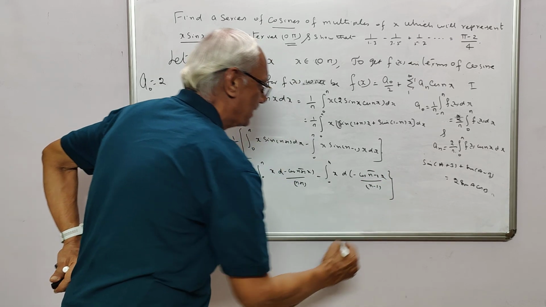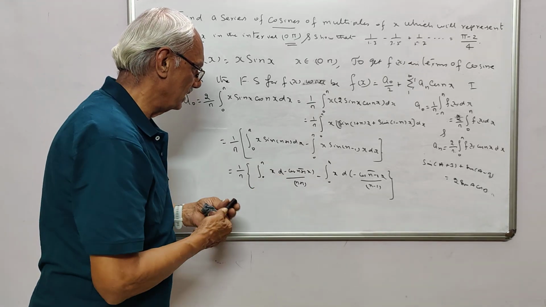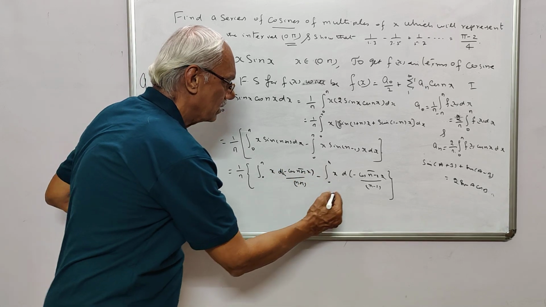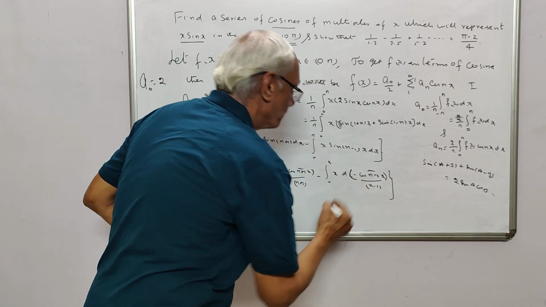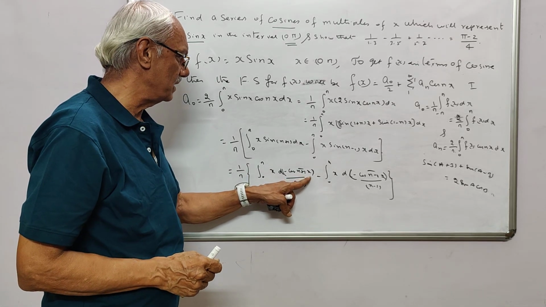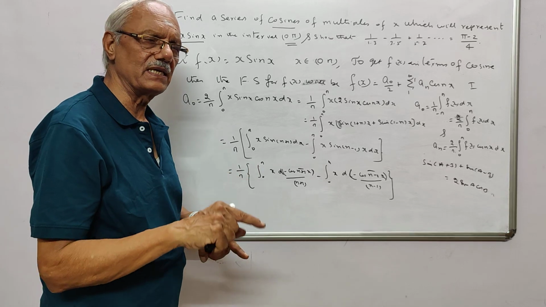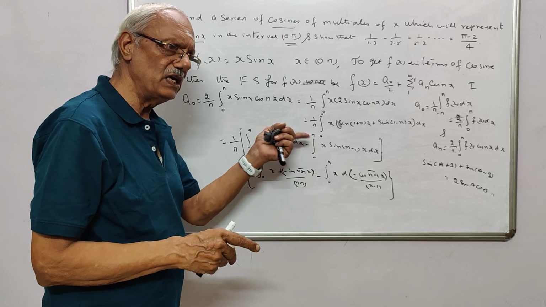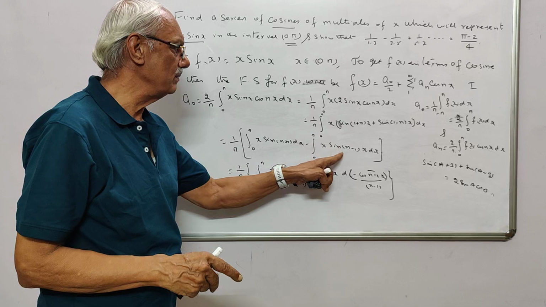I hope that you are able to understand what I do. If you take the differential of this, d of minus cos (n plus 1)x, then the differential of cos is minus sine, so minus into minus will make it plus. Sine of (n plus 1)x into (n plus 1) divided by (n plus 1), so you will get the same thing. Here again the same thing I am getting.